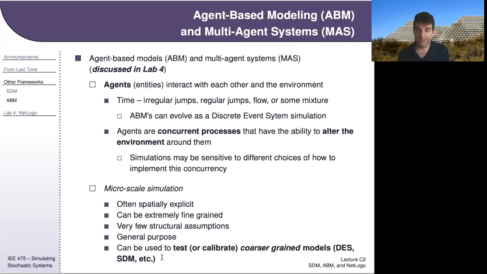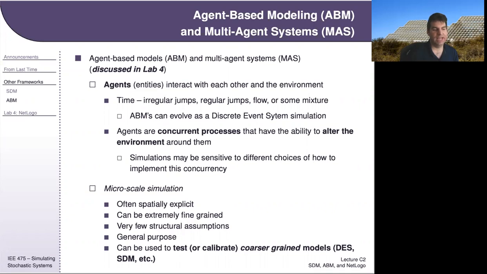So you could build an agent-based model of a cramped bank and see if the statistics that come out of your agent-based model are consistent with the statistics you're modeling in your input models for your discrete event system simulation. So it is sometimes possible to mix these two, where you use the slower agent-based model to build up confidence in the probabilistic models you're going to use inside the discrete event system simulation. So they can interconnect. But usually we view them as a totally different way to model systems, to ask different types of questions.